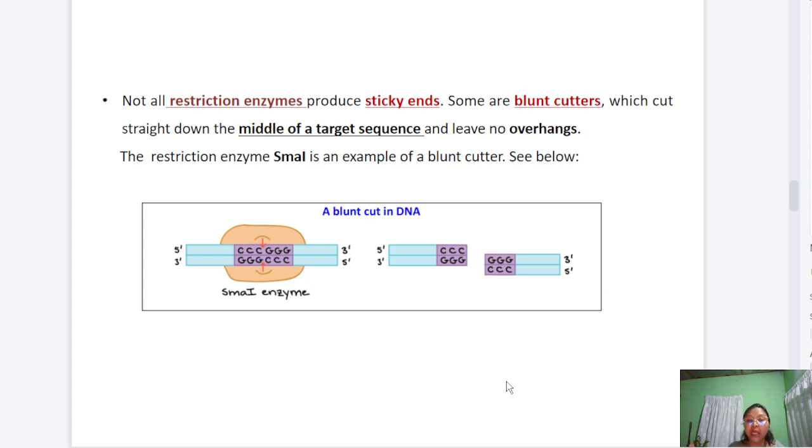There are some restriction enzymes that produce blunt ends, known as blunt cutters, and they cut straight down the middle of a target sequence and leave no overhang. For example, we have the SmaI enzyme. This SmaI enzyme cuts exactly in the middle of the recognition site and produces blunt ends.